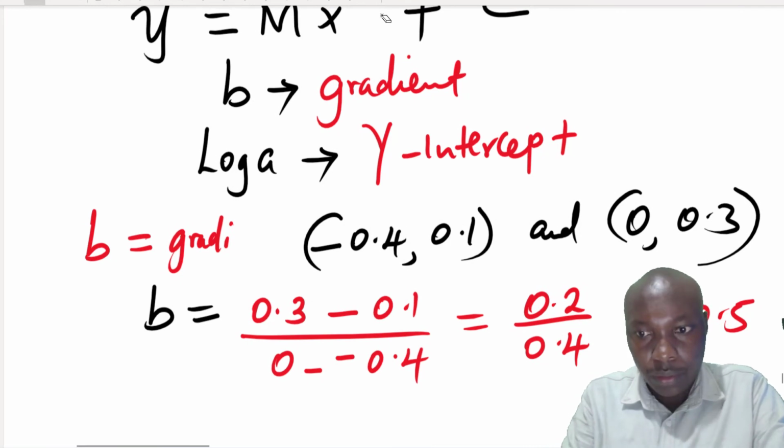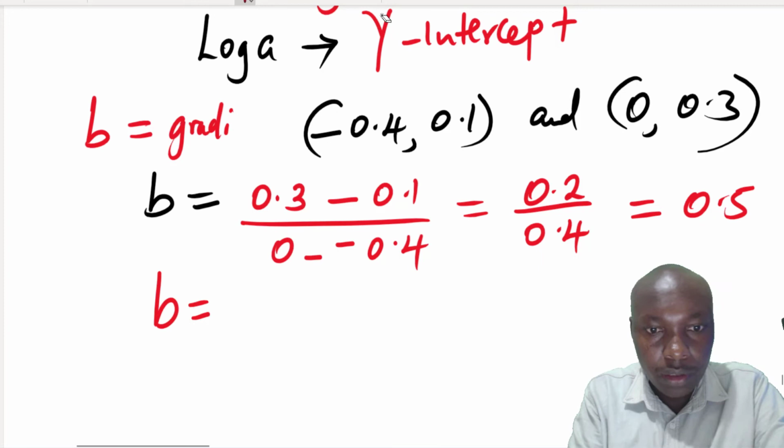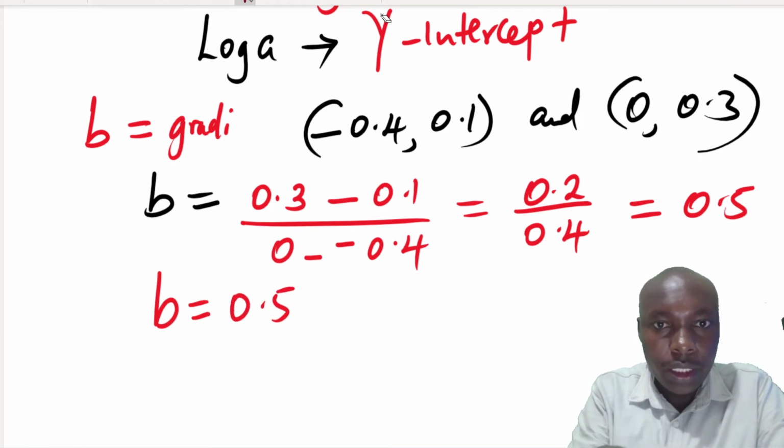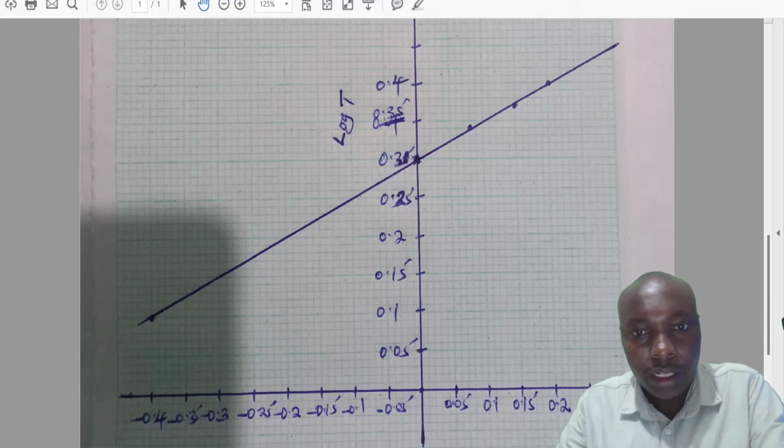So that is the gradient, therefore B is equal to 0.5. Now log A is the y-intercept, and the y-intercept is the point where the line cuts the y-axis.